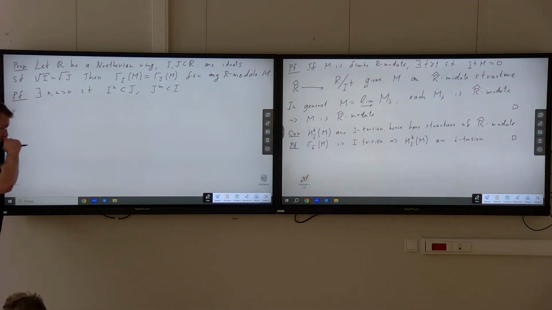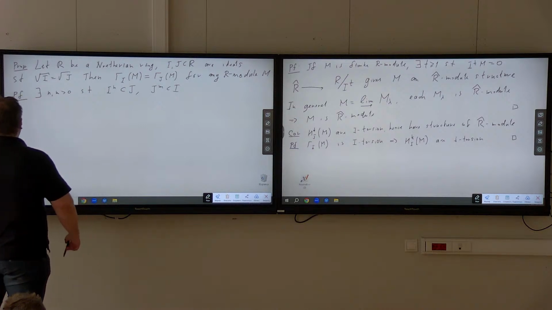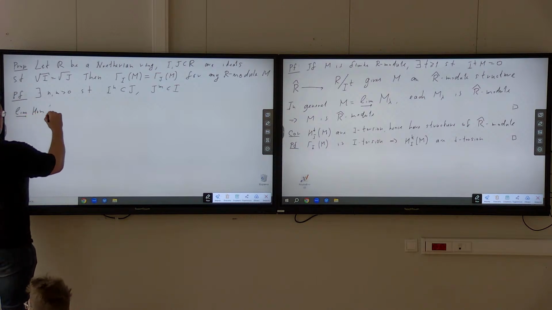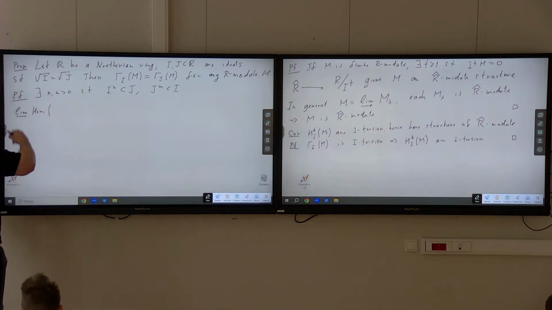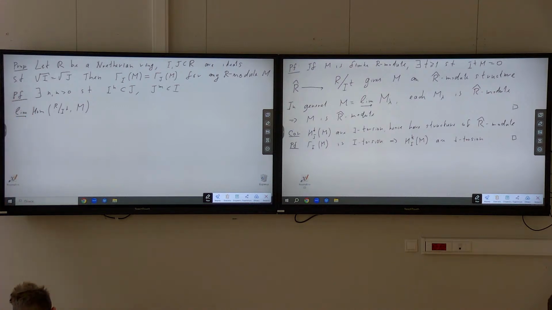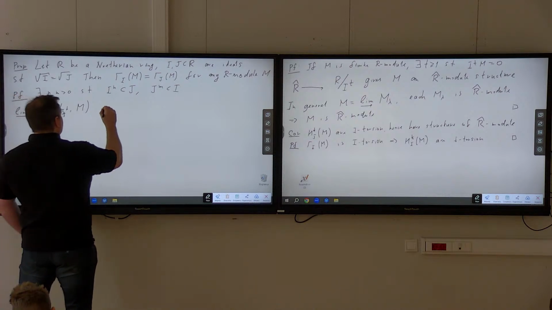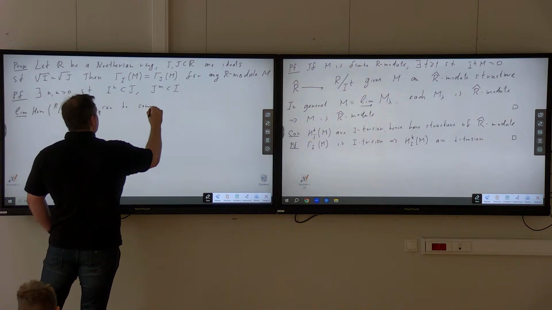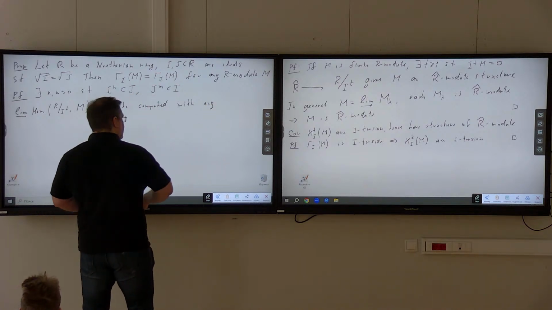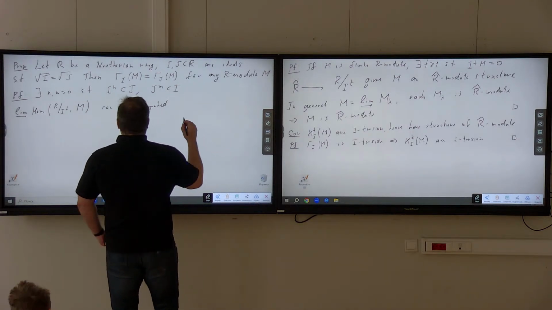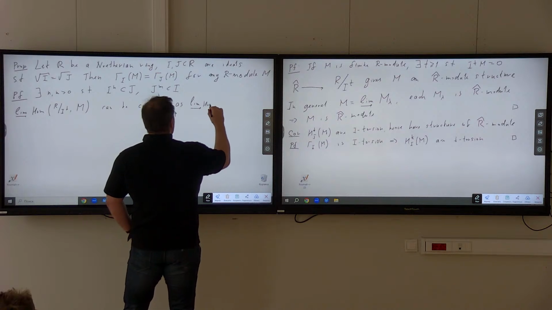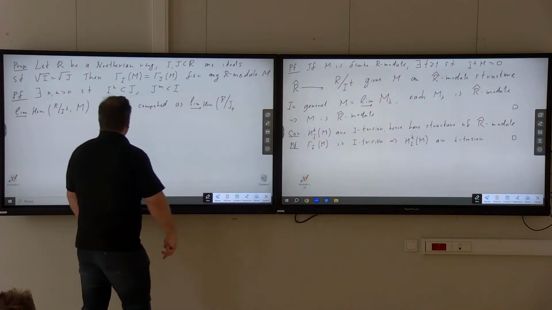But then we will use the following general observation. If I want to compute, let's say, the limit of the Hom or Ext, it doesn't really matter, it works for the zeroth homology or higher homology, this limit can be computed as the same limit on R, but now I write J_t.